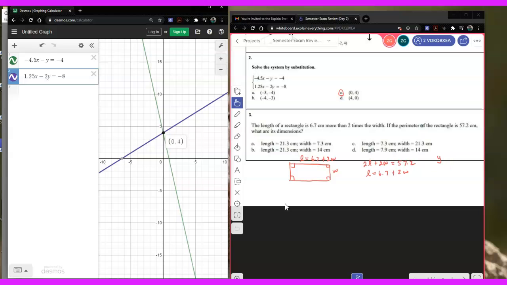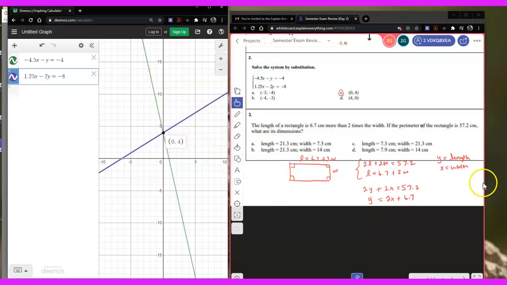So I'm going to say let Y equal the length, let X equal the width. And so what we're going to do is transform this into a system that we can write into Desmos. So you have 2y plus 2x equals 57.2. And we know that y equals 2x plus 6.7.